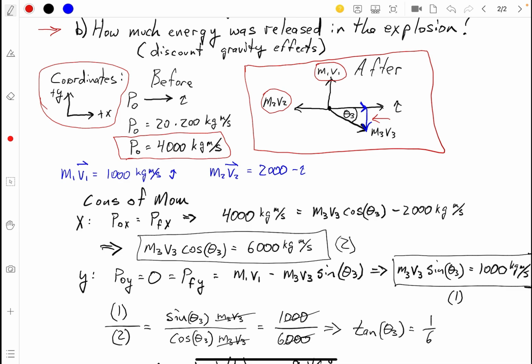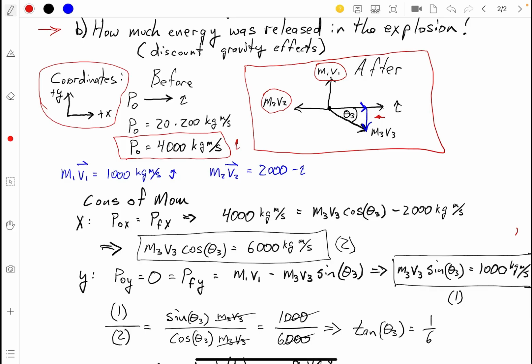And we're initially starting with this in the positive i hat direction. Okay, so this has to be one component. But this is in the positive i hat direction.